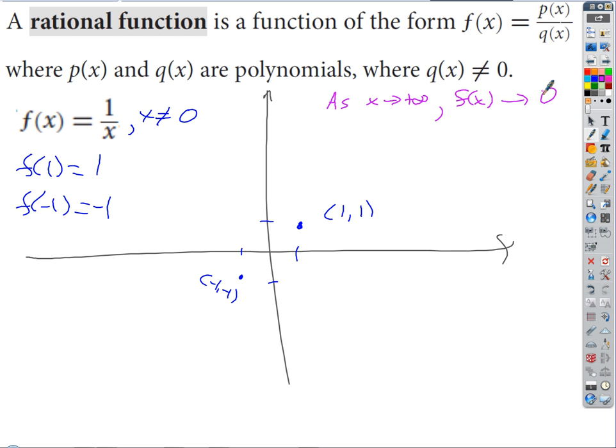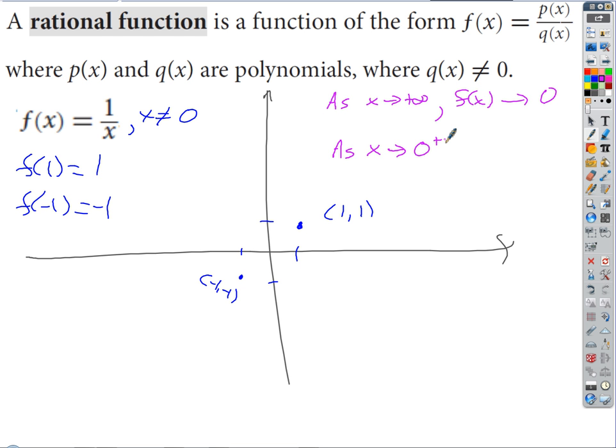Okay, what about if we back up the other way? Let's see what happens. We know that x can't have a value of 0. That's not allowed, because that would force us to divide by 0, and that's a rule we can't break. But as we back up towards 0, let's try something different. What about as x approaches 0 from the right? Here's our calculus notation for that.